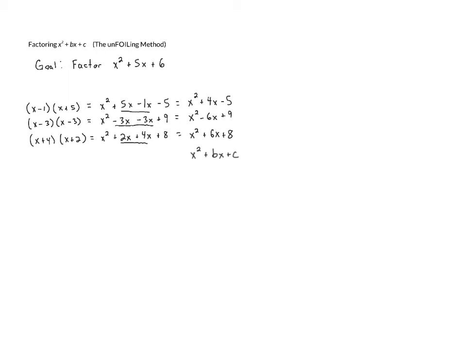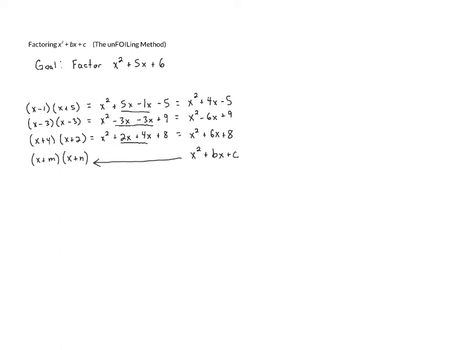So because we end up with something in this form when we're multiplying binomials that look like these, if we go in the opposite direction, if we try and factor something in the form x squared plus bx plus c, the result is going to be a product of two binomials, x plus one number times x plus another number.